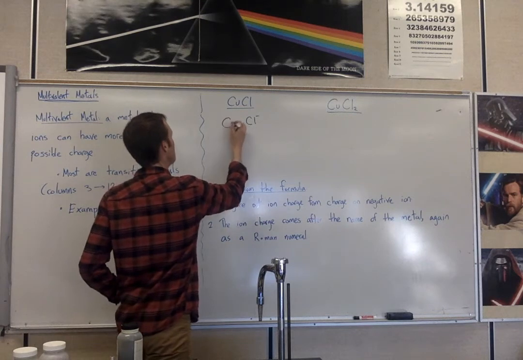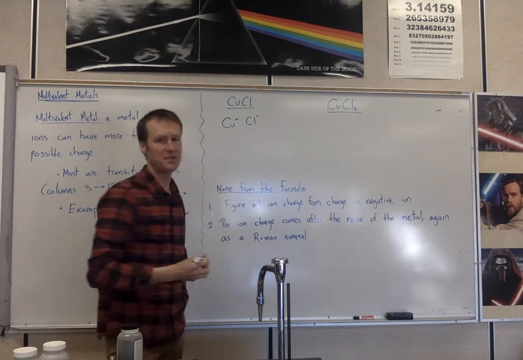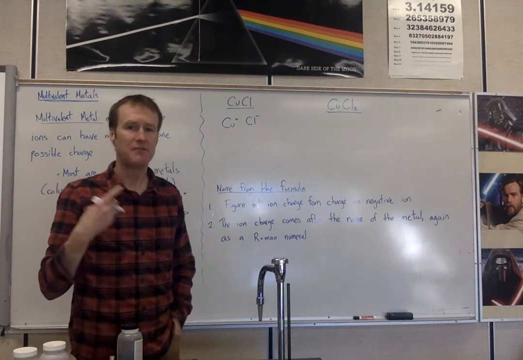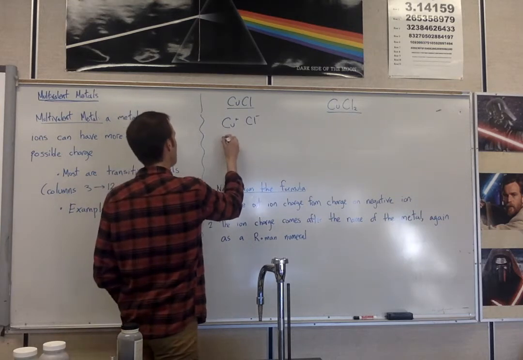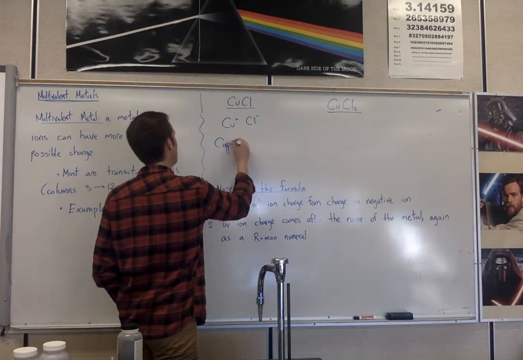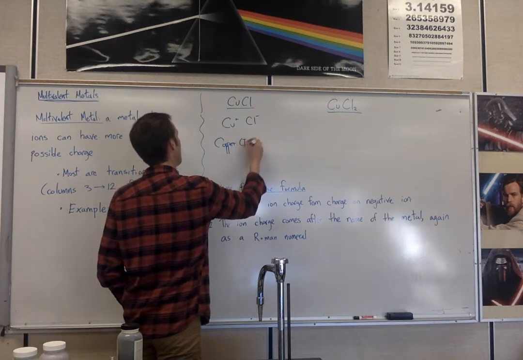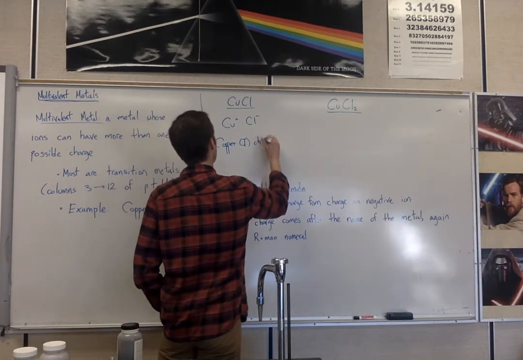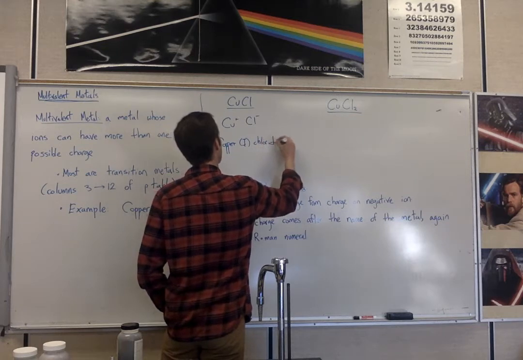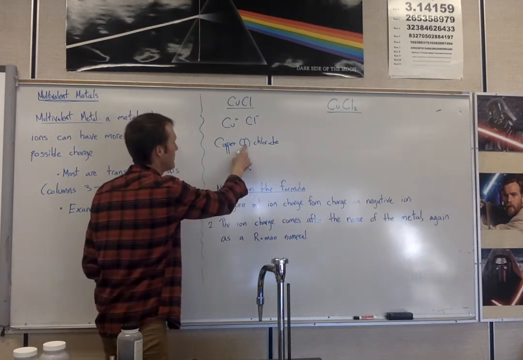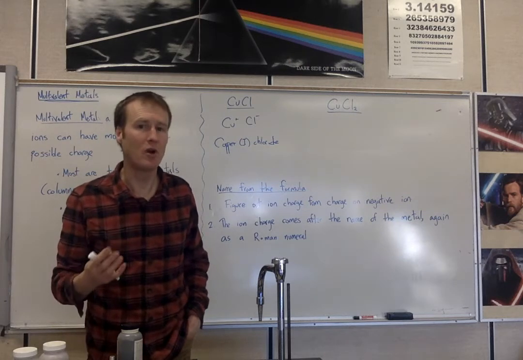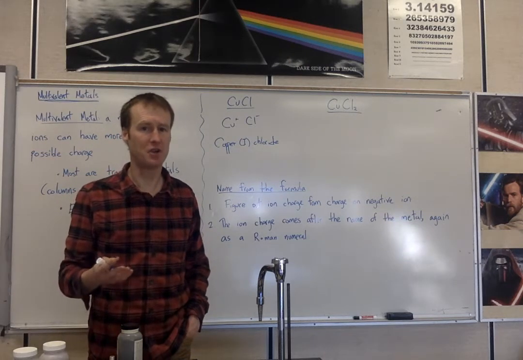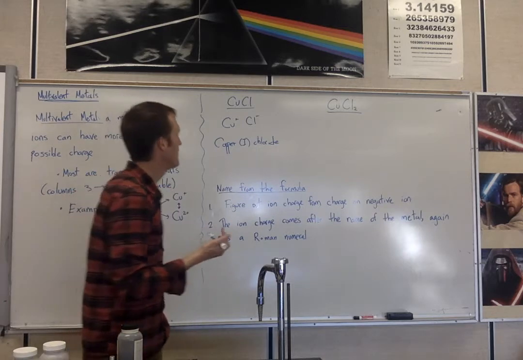Well, that's not too bad, is it? We just need a Cu plus to balance that. The copper has a +1. So we call this copper(I) chloride. That Roman numeral I tells you the ion charge on that metal.